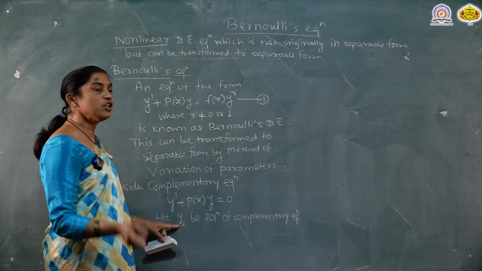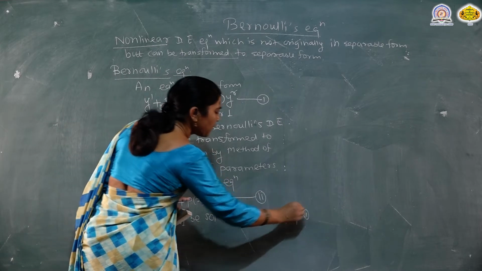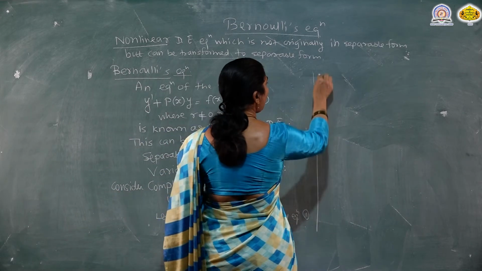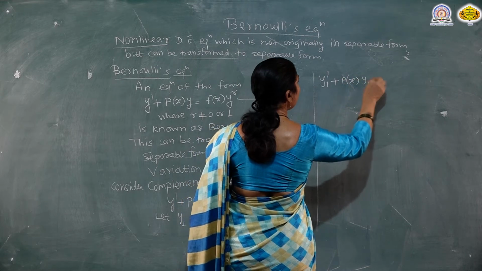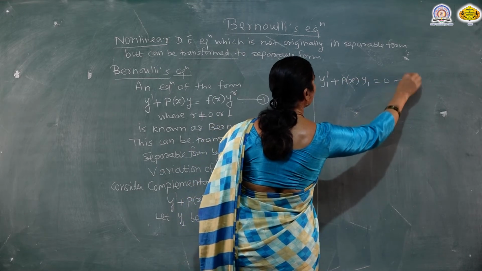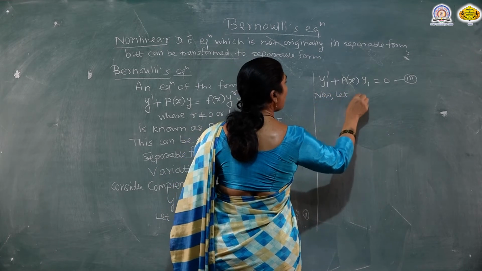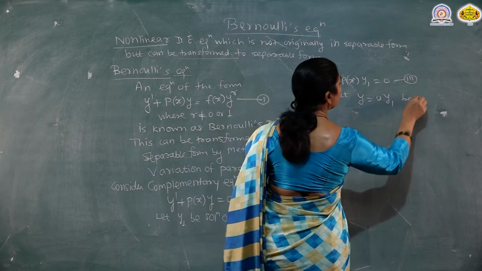If y1 is a solution of equation (2), this implies that y1 satisfies this equation. So we have y1' + p(x)y1 = 0. Now let us assume that y = u y1 is the required solution.